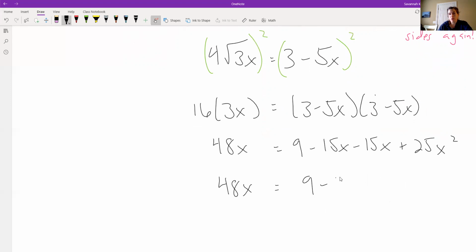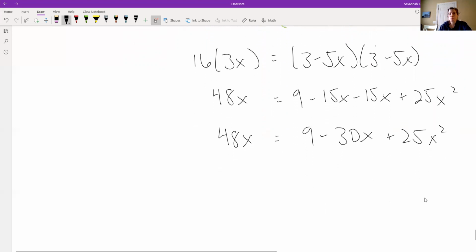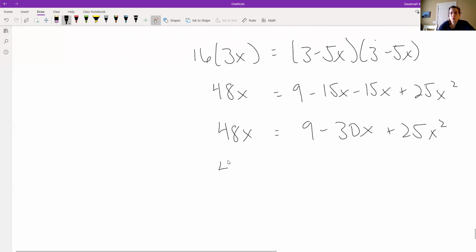Okay, now here's one of those times, look at all of the terms I have on the right. Even when I bring together the like terms, there's still a lot more going on the right than there is the left. Let me rearrange the right side. I would like to see that 25x squared as my lead term first, then followed by minus 30x, then followed by plus 9.